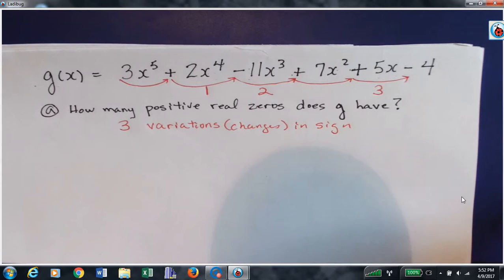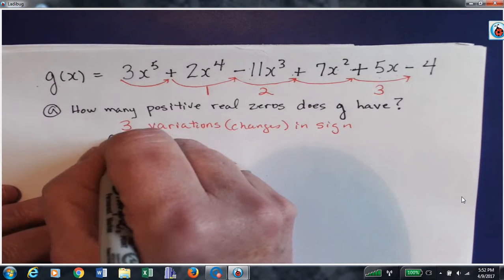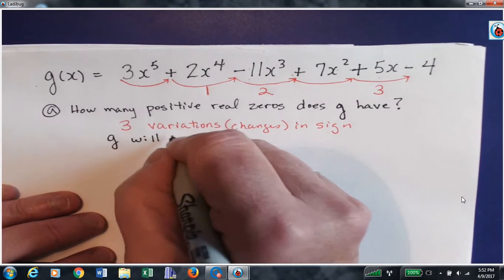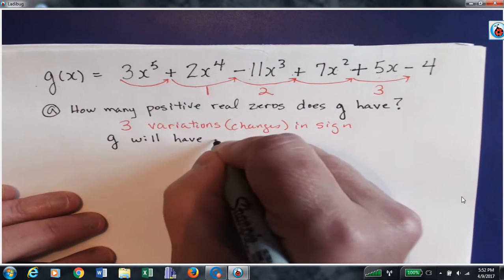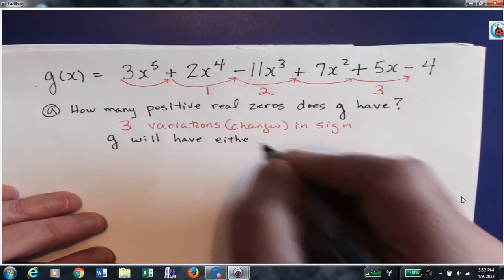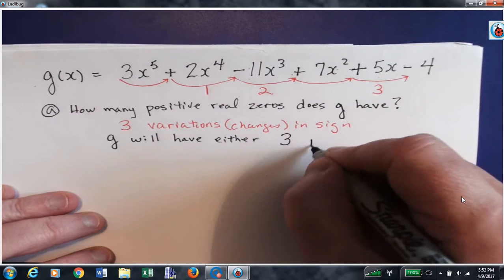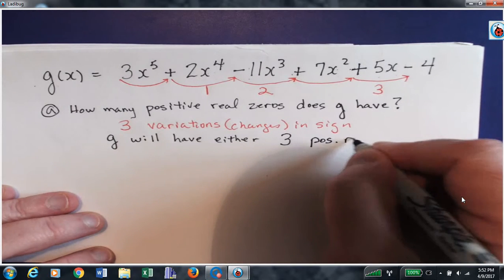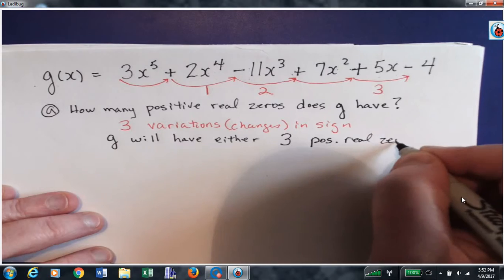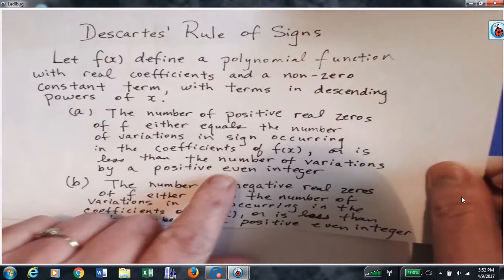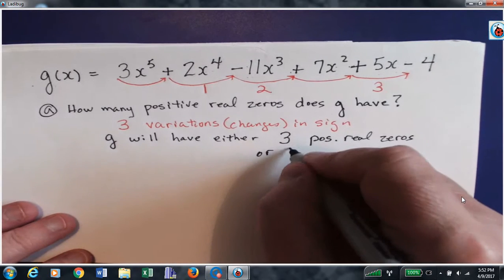And so that means that my polynomial G will have either 3 positive zeros, or you keep subtracting 2, and 3 minus 2 is 1.